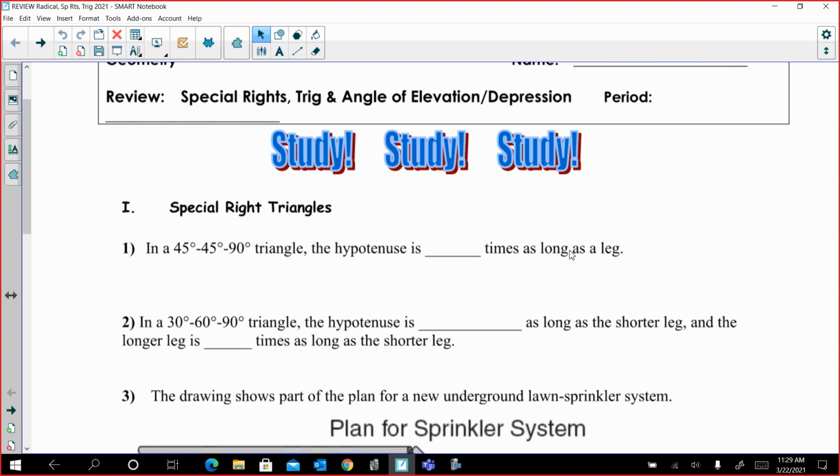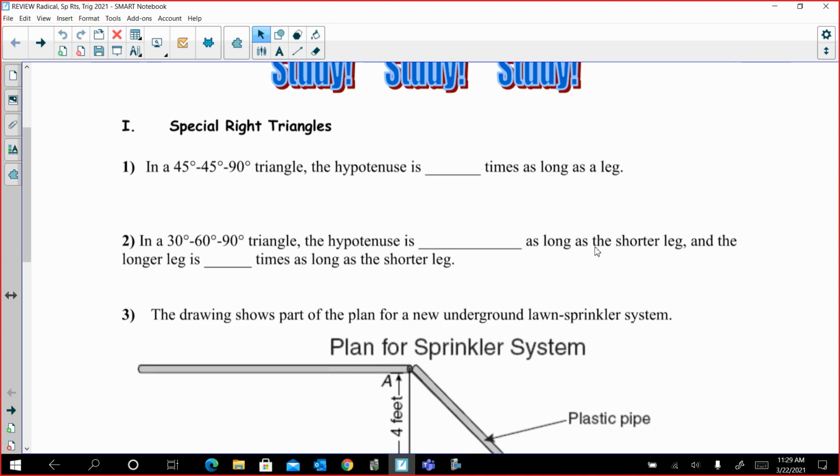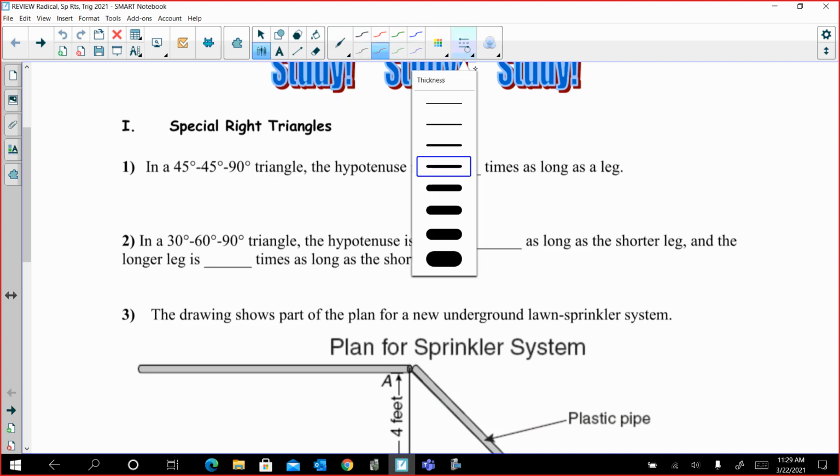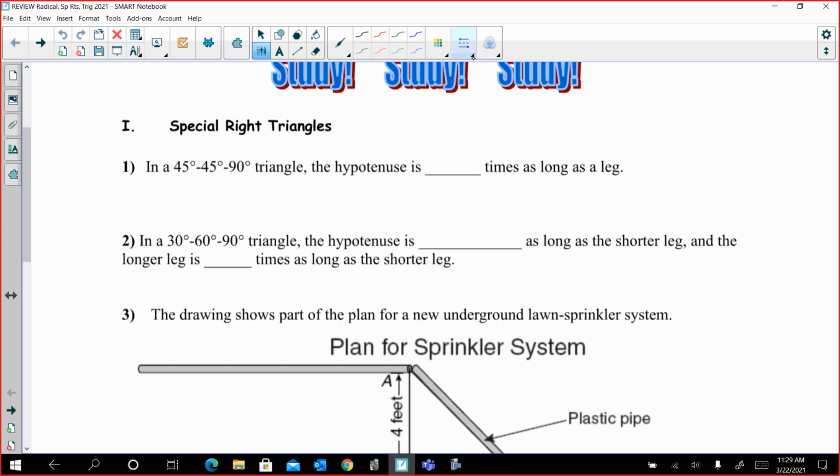There it goes. All right, so you will have a couple just to review special right triangles. If it's a 45, 45, 90 triangle, the hypotenuse is root 2 times as long as the leg.